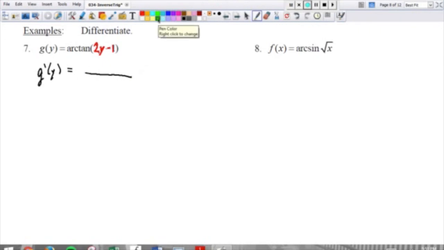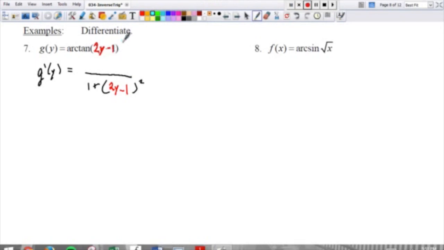Here we go. 1 plus the quantity squared. And what goes in the plus is that inside right there. Next one. Ta-da! On top, I differentiate this.